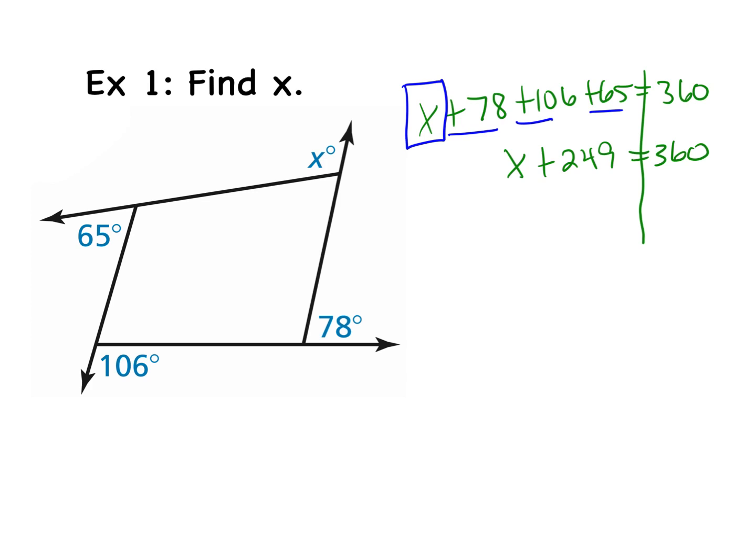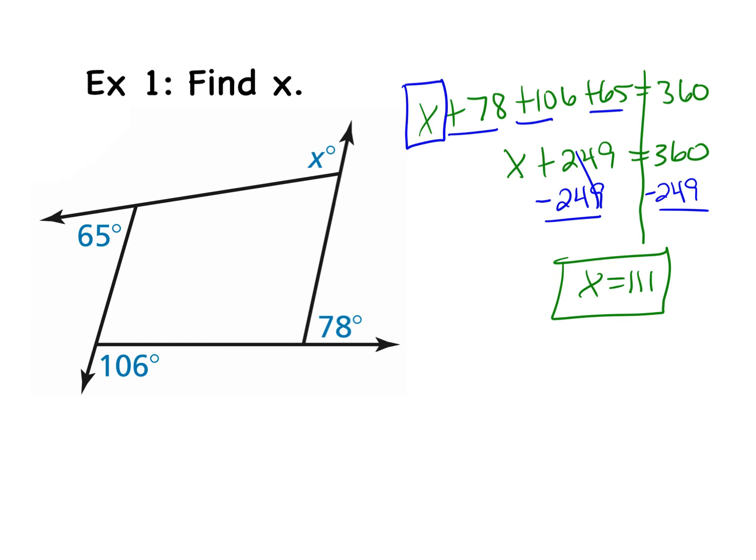And last step we're going to do is what, class? Subtract the 249, to move it to the right. x equals 111. You all agree? Okay. All right. So it's pretty simple.